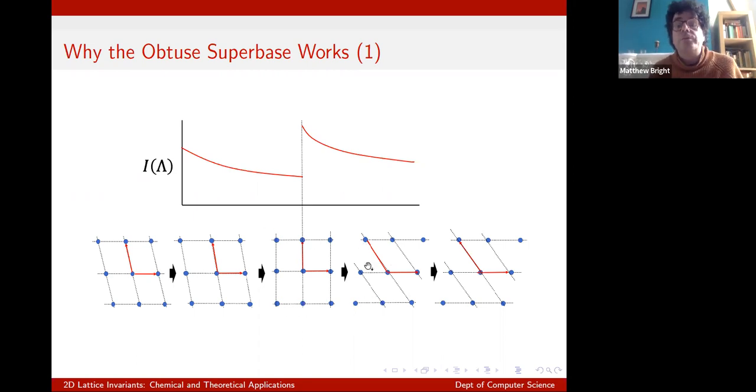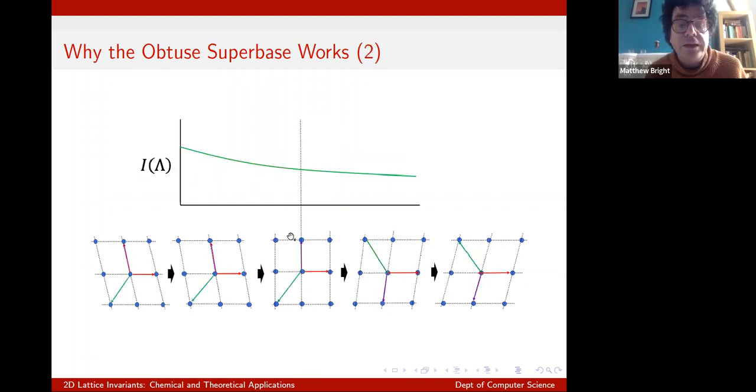As you pass through that, the reduction conditions are going to discontinuously snap your lattice vectors, your basis vectors, to something else, and anything you compute from them, this notional schematic isometry invariant, is going to work discontinuously.